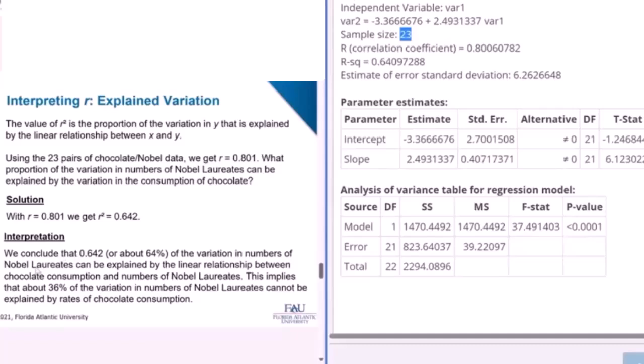What does that mean? We conclude that 0.642, or about 64% of the variation in numbers of Nobel laureates, can be explained by the linear relationship between chocolate consumption and number of Nobel laureates. The other 36% cannot be explained by rates of chocolate consumption.